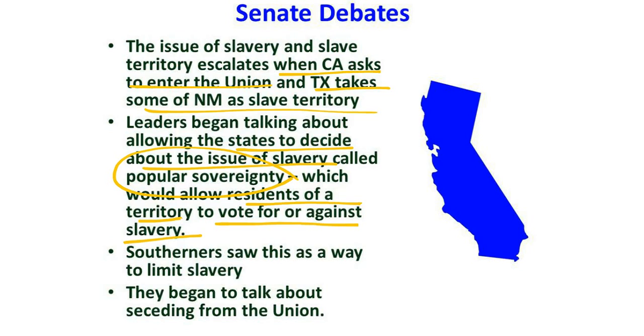So basically, the people who resided there would vote to decide whether the state would be slave or free. Southerners, though, saw this as a way to limit slavery, and they began again to renew their discussions about seceding from the Union and leaving the United States.